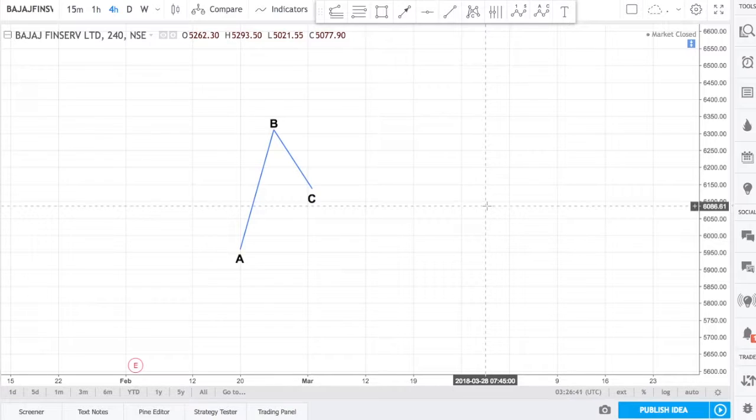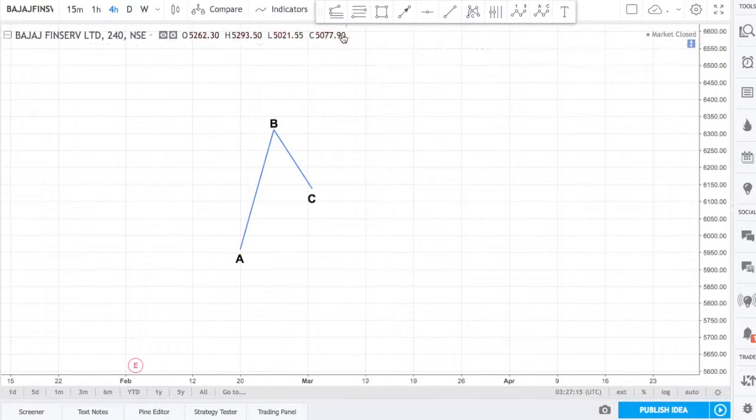So how do we identify that zone? Using the Fibonacci tool. Traditionally, 0.382 and 0.618 are the important levels for Fibonacci retracement, and 1.27 and 1.618 are regarded as important levels for Fibonacci extensions.